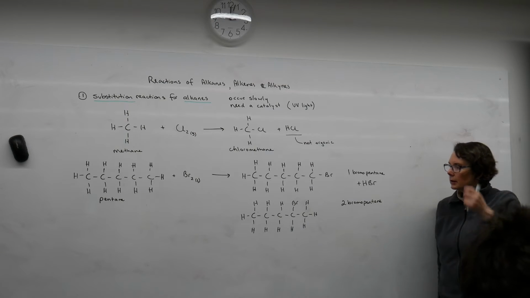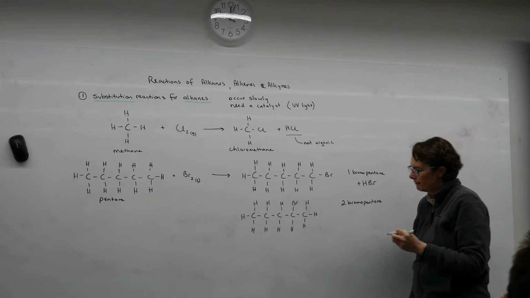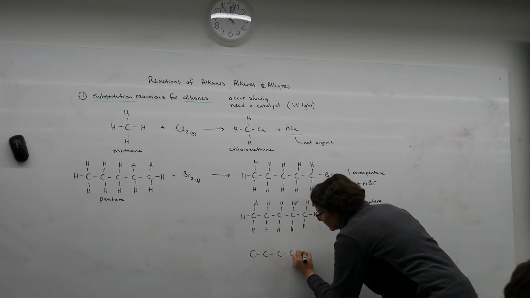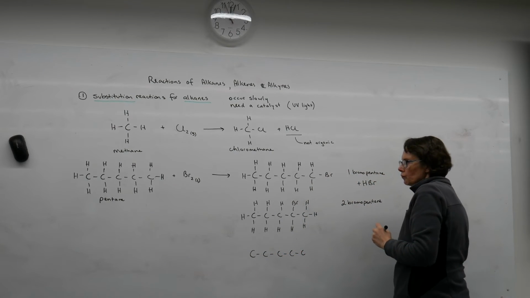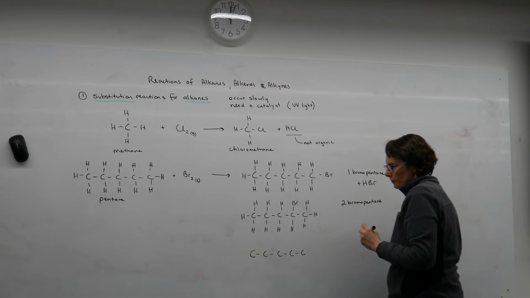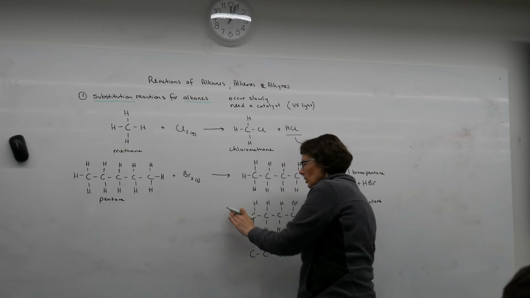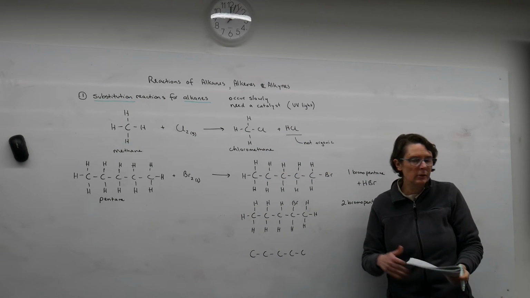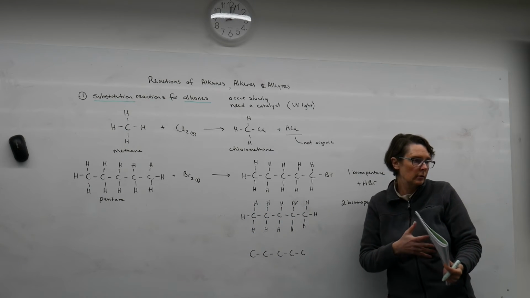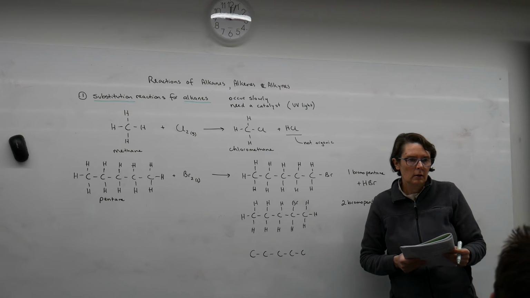Theoretically, you could put the bromo, like in your drawing there, on the second one from the left side. Would that be the exact same thing? Because you can count from either side. Yes, that would be equivalent of putting it on the second, because that would just mean that I've rotated and looked at the molecule from the other direction. So the maximum you can do is 1, 2, or 3.